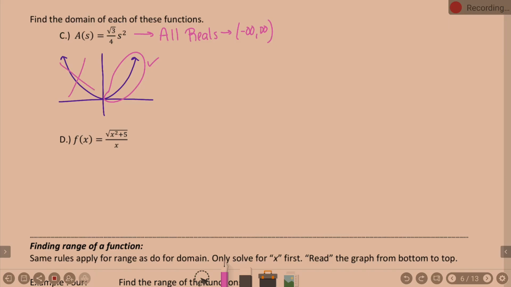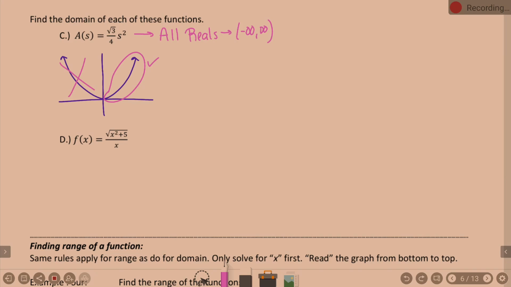Now, am I saying that because of what the formula told me? Or because of what the equation told me? No, I'm saying it because the formula represents area. Am I making sense here? It's a random special case, okay? You look at that equation, I expect you to be able to tell me all reals. Now I say, okay, what if I tell you it's the area of a triangle? Now I expect you to be like, oh, except we can't have a negative side length, so now we have to say it's only the positives.